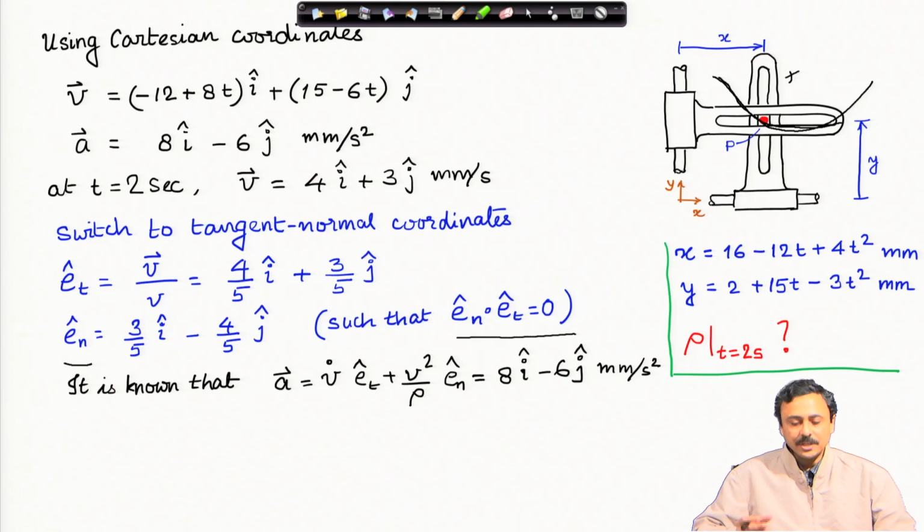Now, we have just derived the expression of acceleration in terms of the tangent normal coordinates. It is v dot e t plus v square by rho e n. Why am I choosing this particular expression? Because I have to find the radius of curvature.